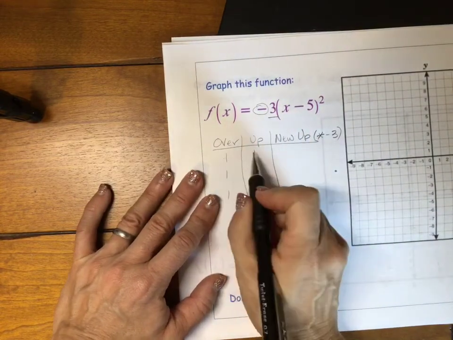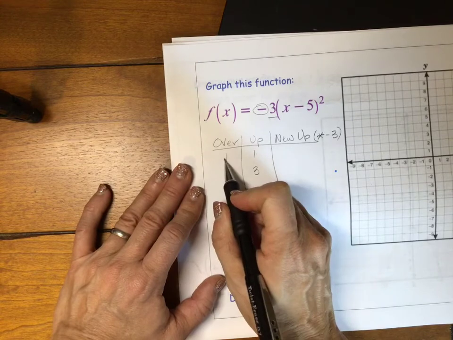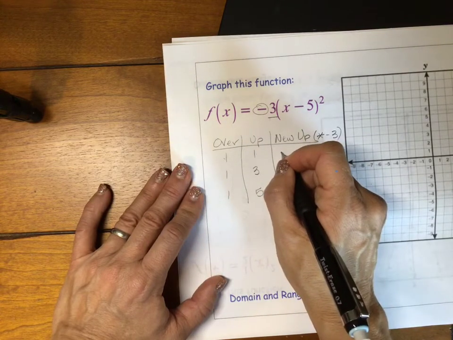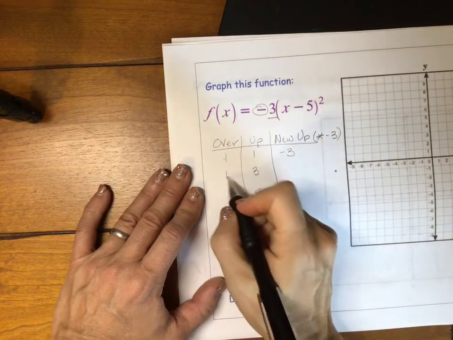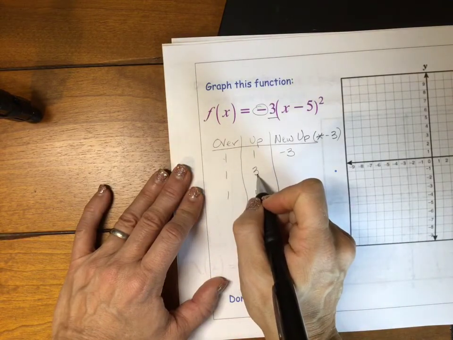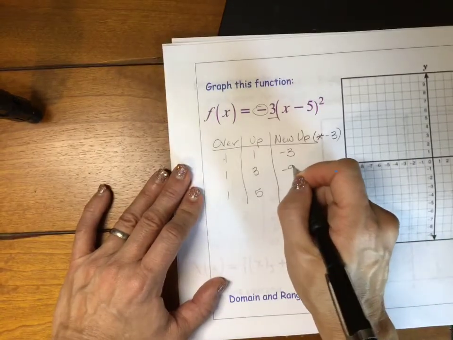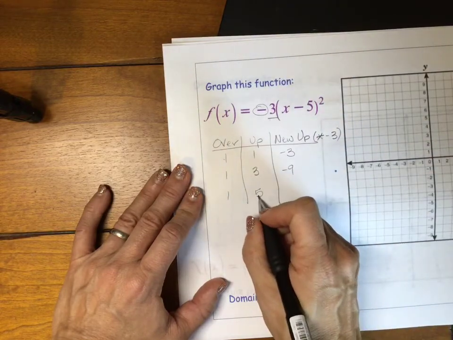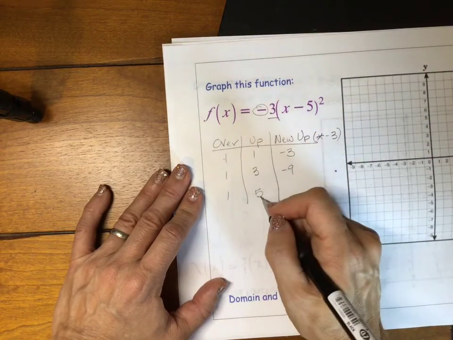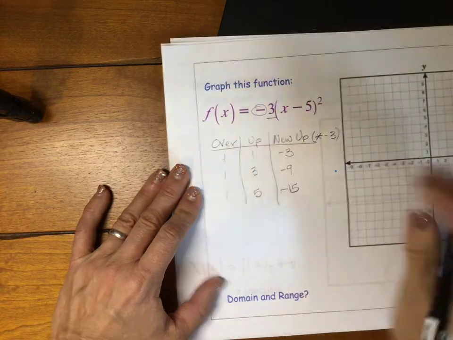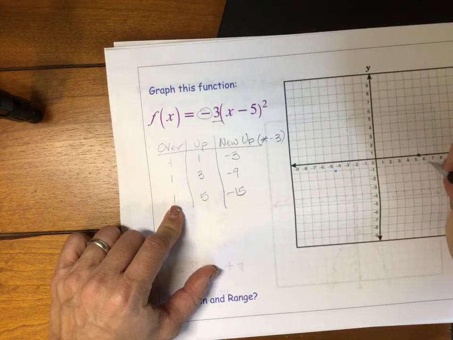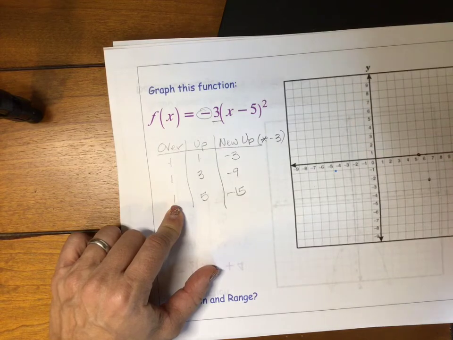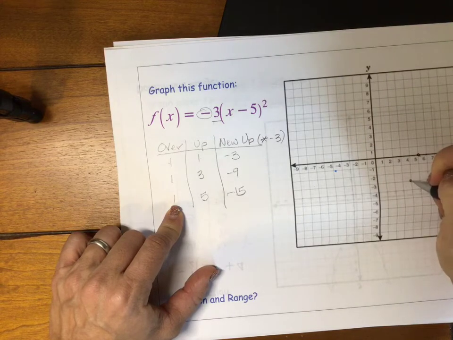So instead of going over 1, up 1, I'm going to go over 1, and -3 times 1 is -3. Over 1, up 3. 3 times -3 is -9. And 3 times -3 times 5 is -15. So over 1, down 1, 2, 3 on both sides.